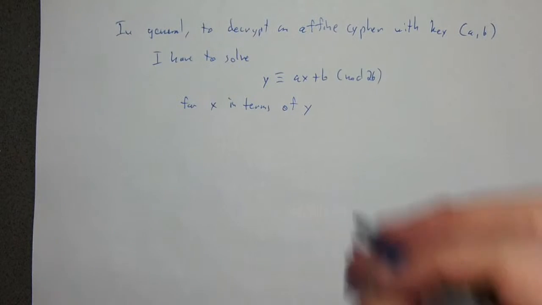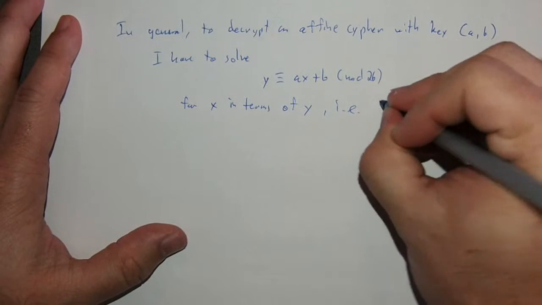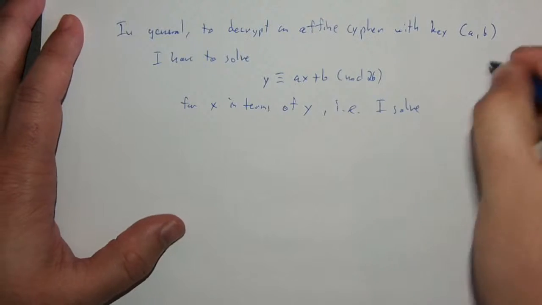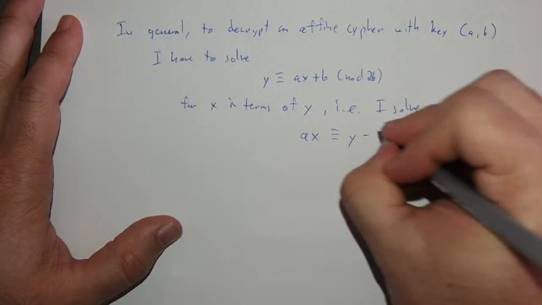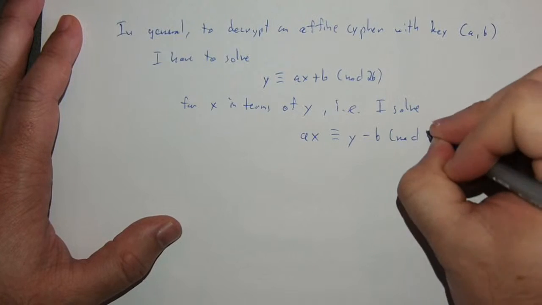I.e., I solve the congruence ax is congruent to y minus b mod 26.